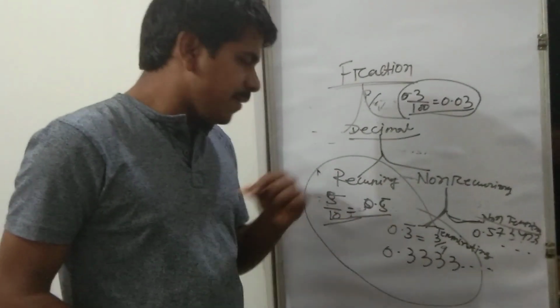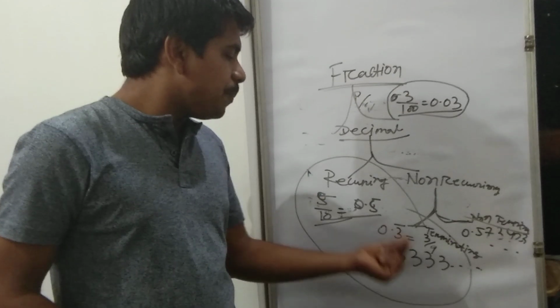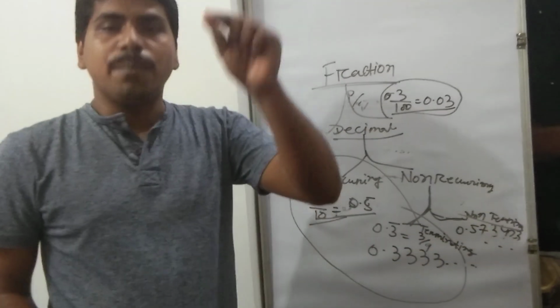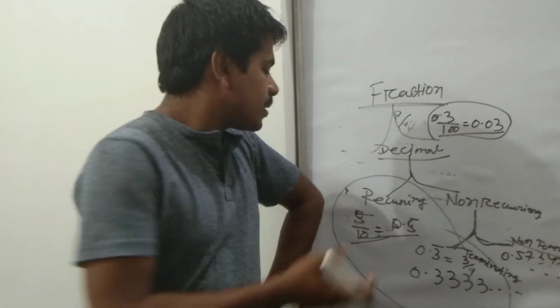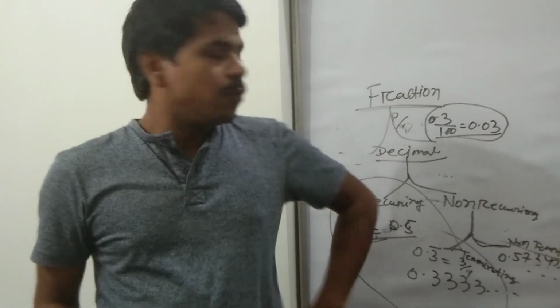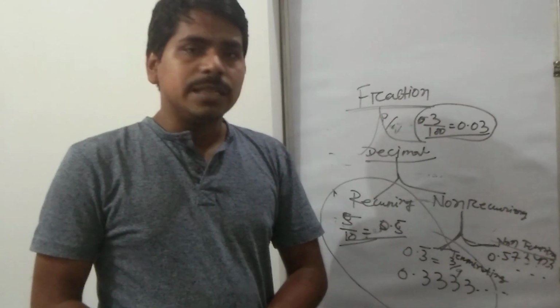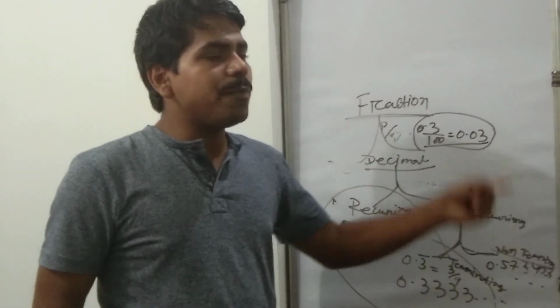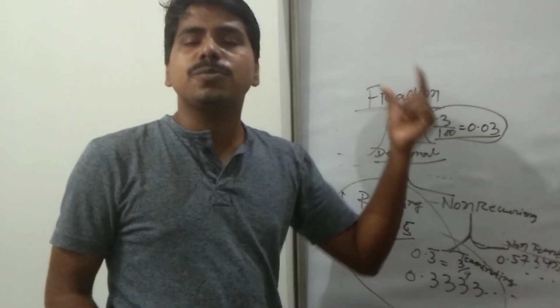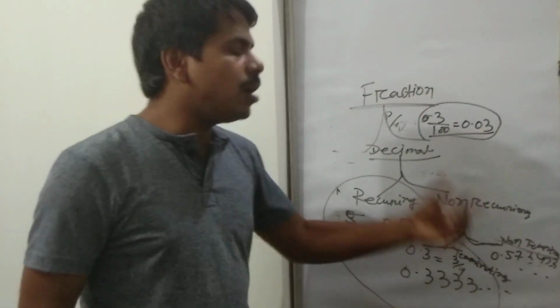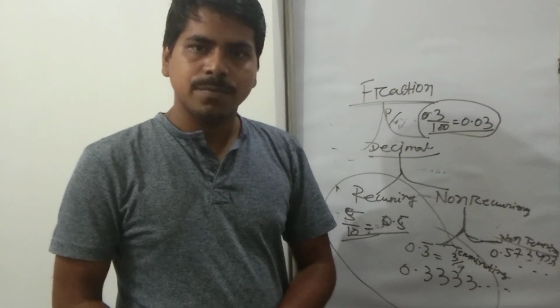The decimals which are repeated in their sequence. Which are non-terminating? The decimals which are never ending. We take the approximate value, that is called the non-terminating.